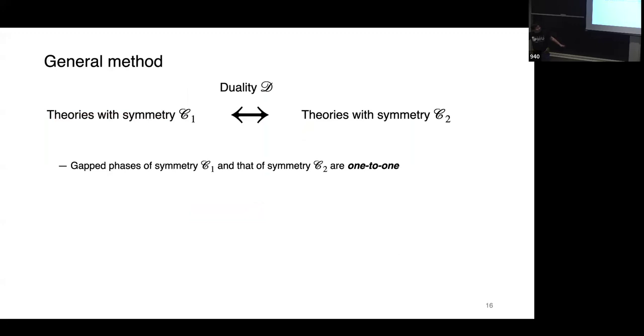I'm missing some keyword, but what does it mean that gauging is a duality? If you have a global symmetry, you gauge it, you get a different model. Yes, here we generally get a different model. I call it duality because usually in the literature, people call these discrete gaugings, for example gauging Z2, Kramers-Wannier dualities.